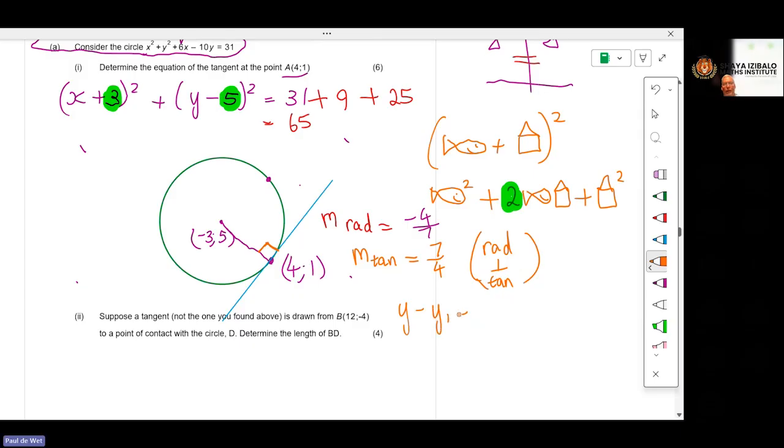Okay, y minus y1 equals m into x minus x1, yeah. So the equation of the tangent is 7/4x minus 6.